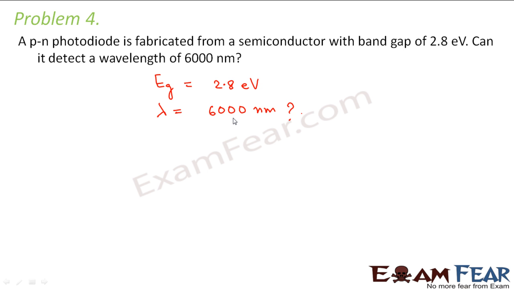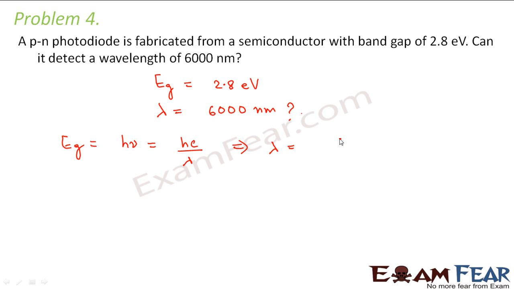So what was a photodiode? It was a device which is used to detect optical signal. So that means the band gap, what is band gap? Band gap is nothing but an energy. So this energy can be written as h nu, which can be written as hc by lambda, right? So from this we can calculate the value of lambda.